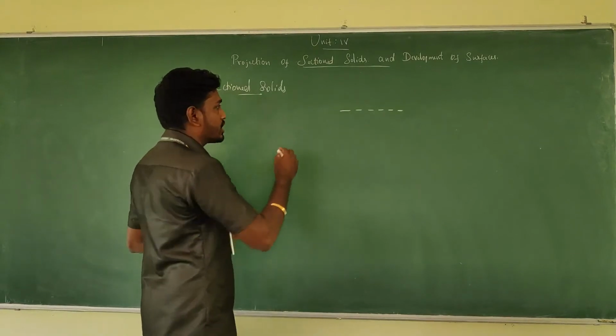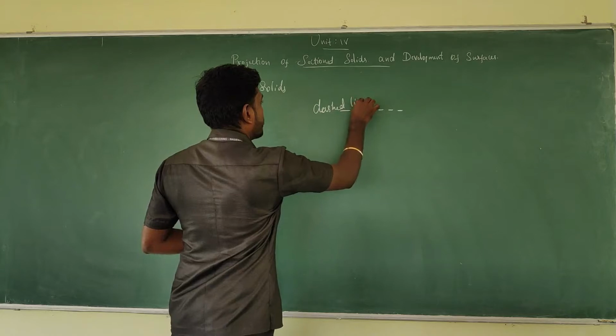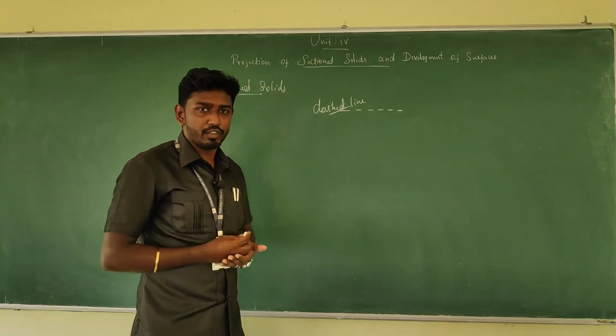By the help of dashed lines, we notate or interpret the hidden features of the object.